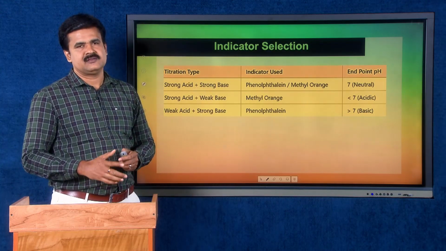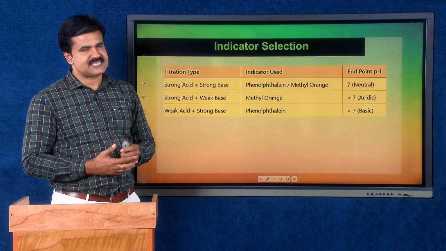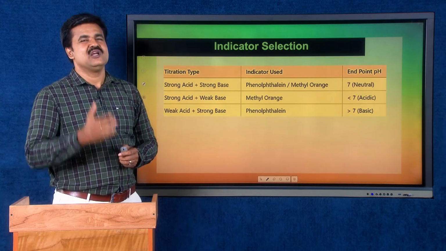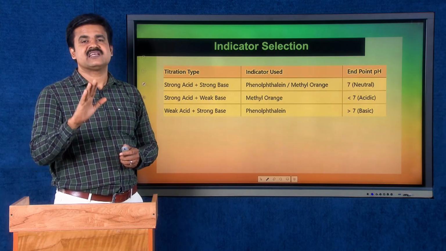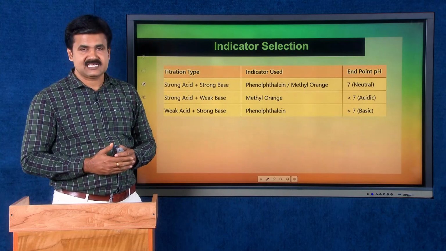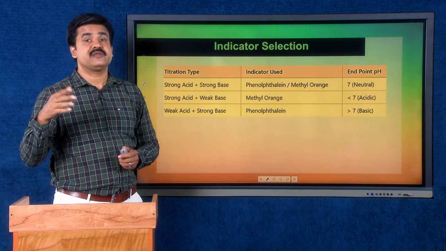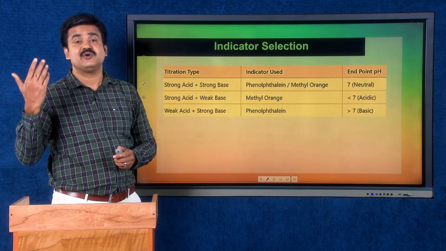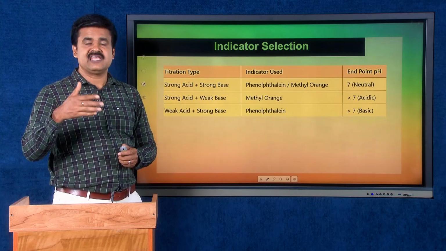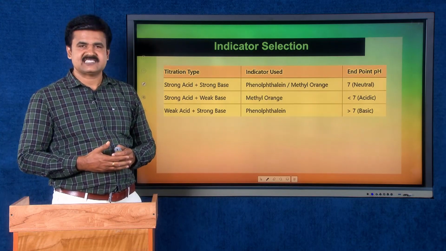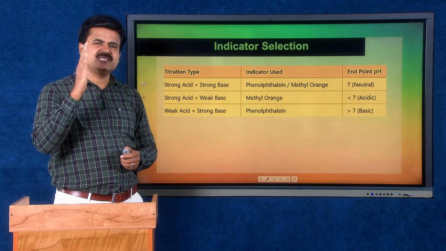In this chart, there is no mention of weak acid weak base titration. This is because for a titration between weak acid and a weak base, there is no visible indicator. A weak acid can be titrated with a weak base through instrumental methods and more advanced methods like conductometric titration, pH metric titration, etc. That is far beyond the scope of this discussion. So, you have to keep this point in mind.